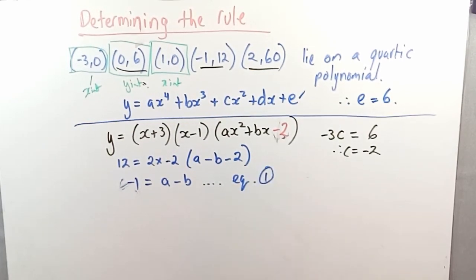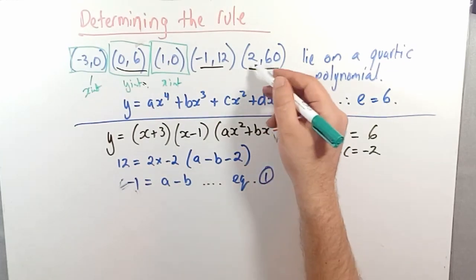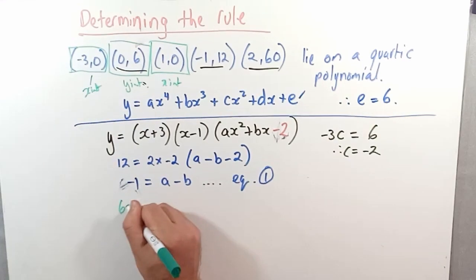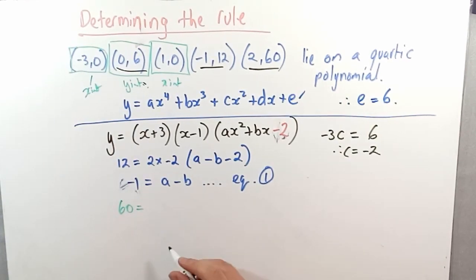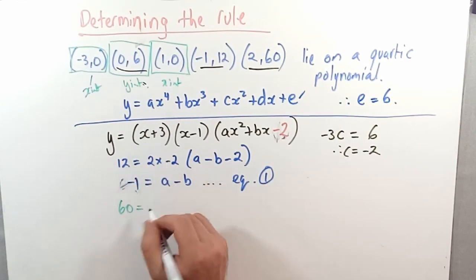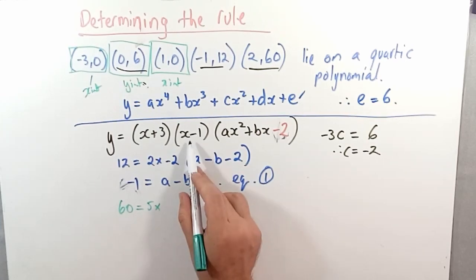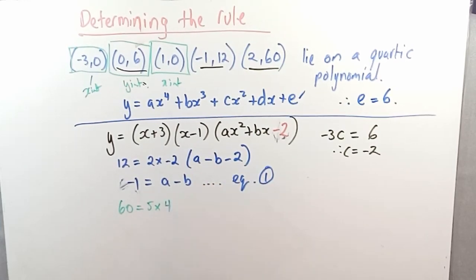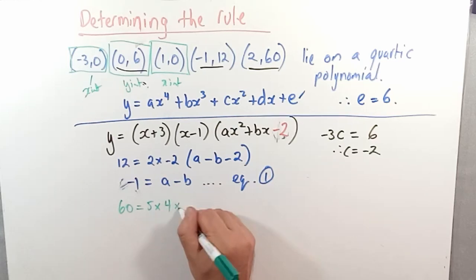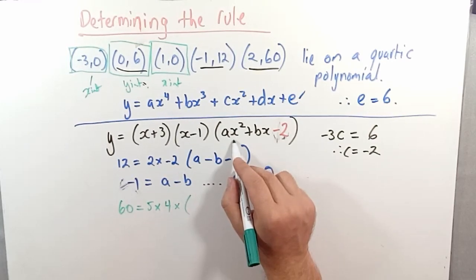Now I can do that because I have a whiteboard. You might have to write extra lines. That's fine. Just do it. Okay, equation number 2. Do it in green. Do the same thing. Put in 2. So I've got 60 equals, and I'm going to put in 2. So I get 5 times 4 times 2 squared.